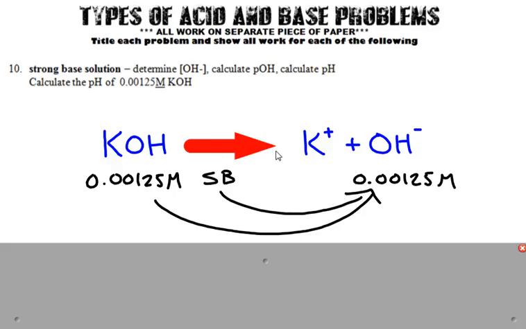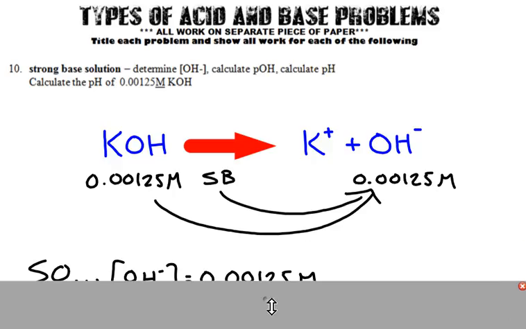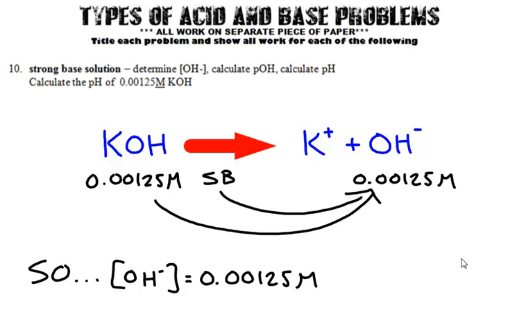It's 100% dissociation. So I can assume then that 0.00125 molar of my KOH is also of my K plus and my OH minus. Well, the OH minus is the only thing that's going to matter. So that means that I have the same exact concentration for my OH minus.